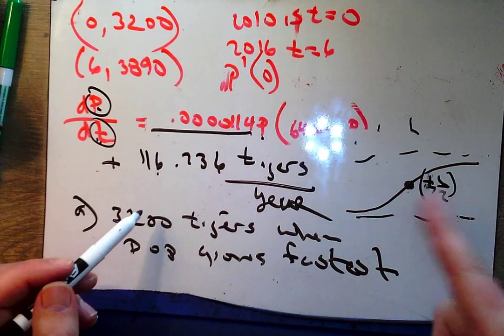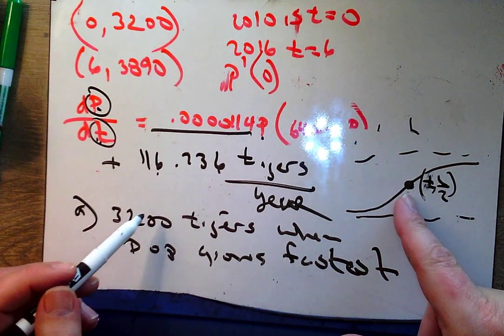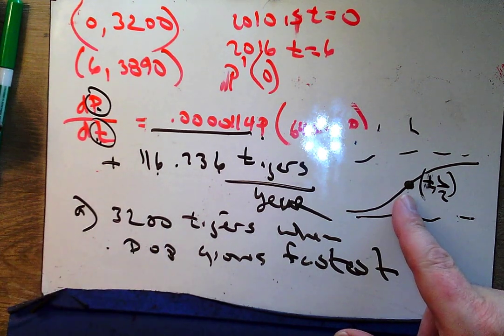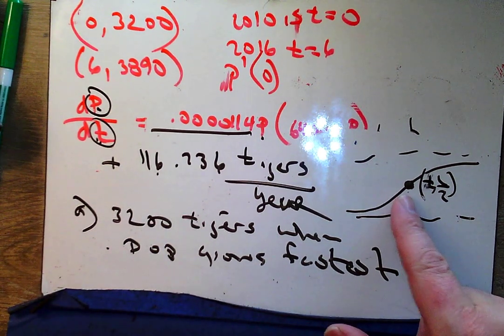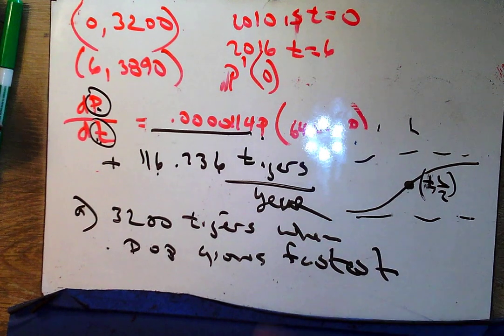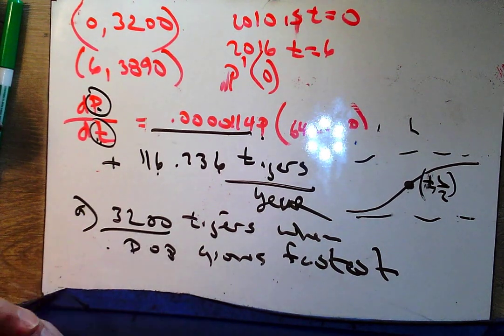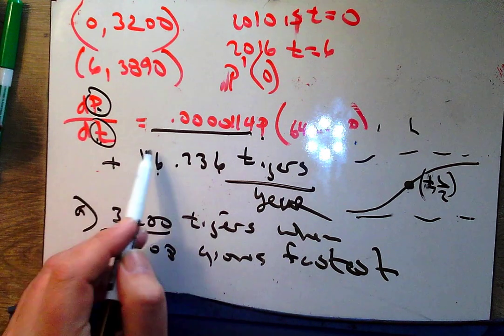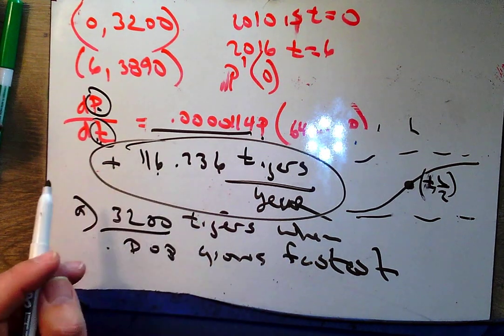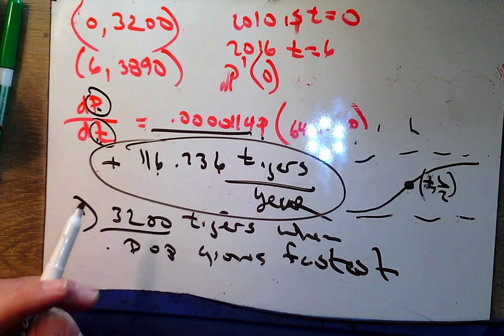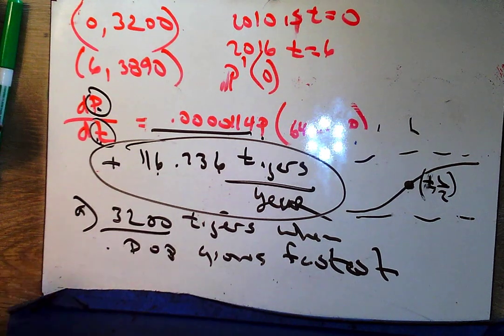And then once we find that value of the x-intercept on P double prime, we can take that time and plug it back into P just to get that 3,200. That seems like a lot of work. Okay, and then what is the rate of change in population? There's the rate of change in population, and we included units. Okay.